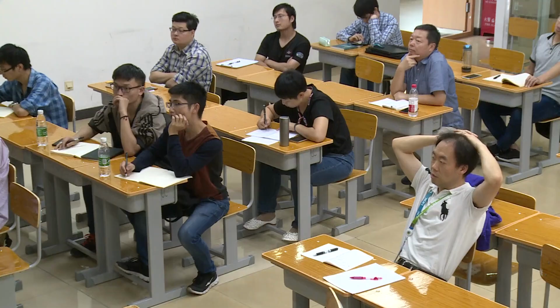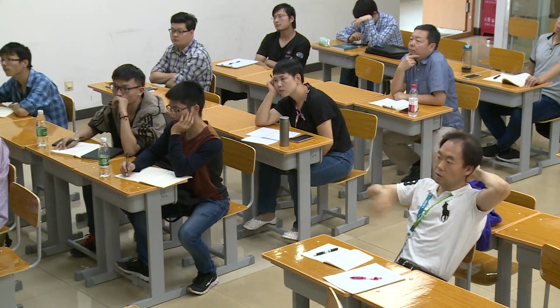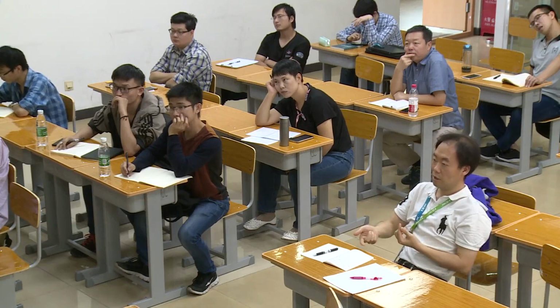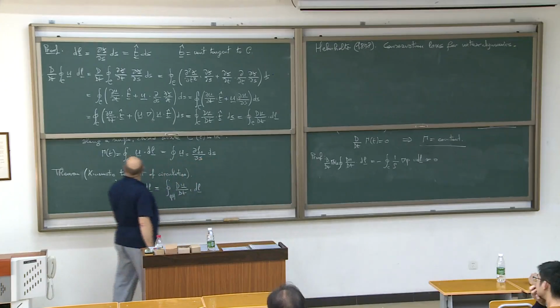Because it's closed. So you just do the whole circle, and after one period you return to the original place, so that is 0. That's right. And even if C is a knot.